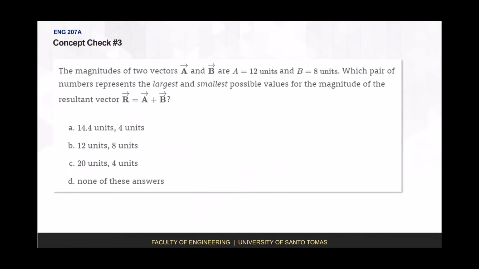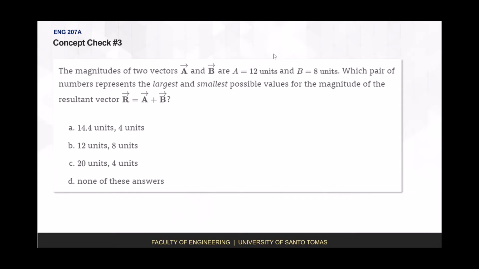So another chance. The magnitudes of two vectors A and B are 12 and 8 respectively. Now, which pair of numbers represents the largest and the smallest possible values of the magnitude of the resultant of A plus B? You can type in your answer.